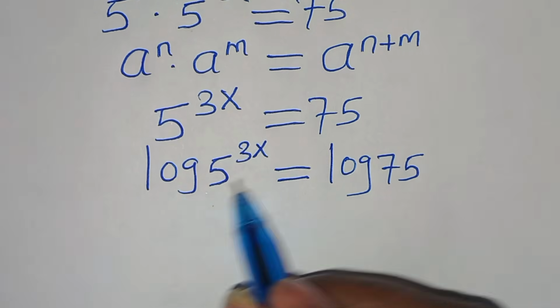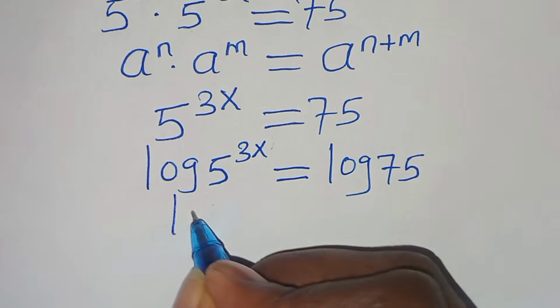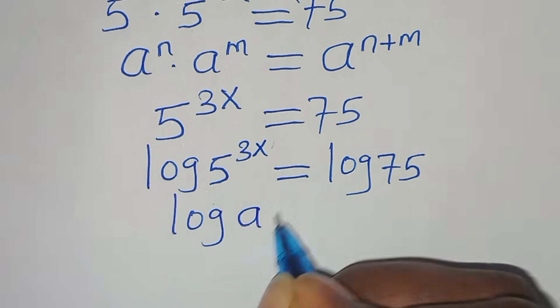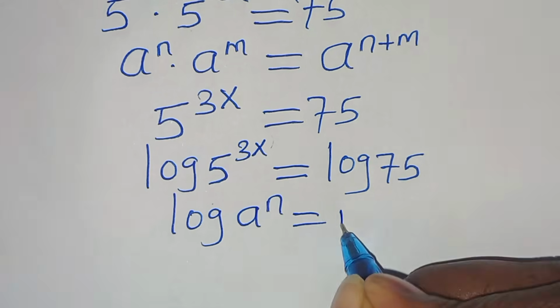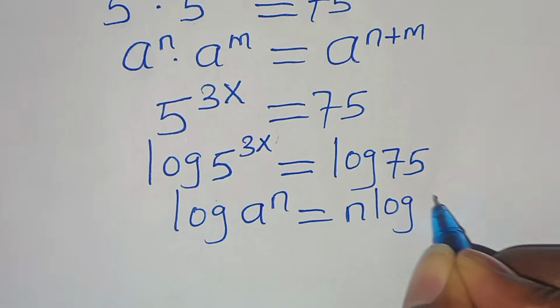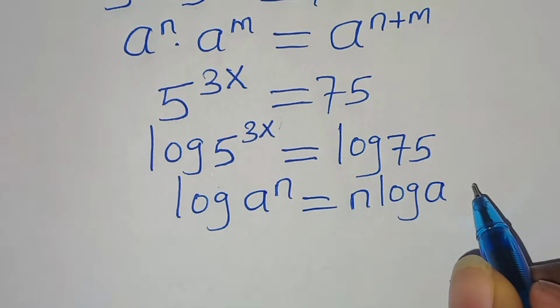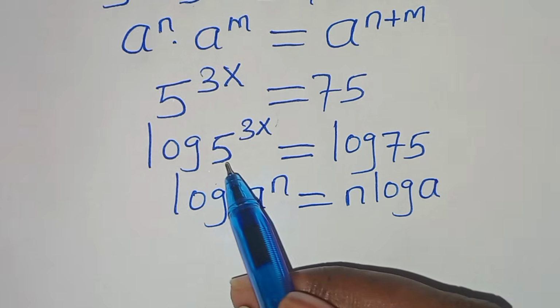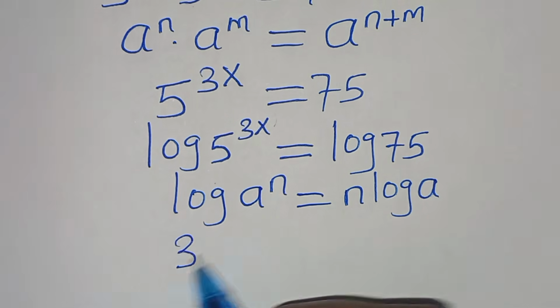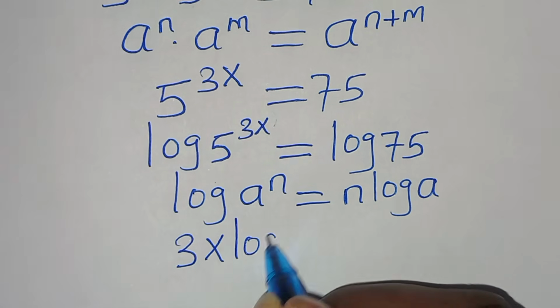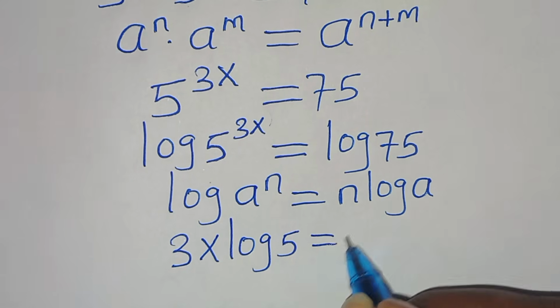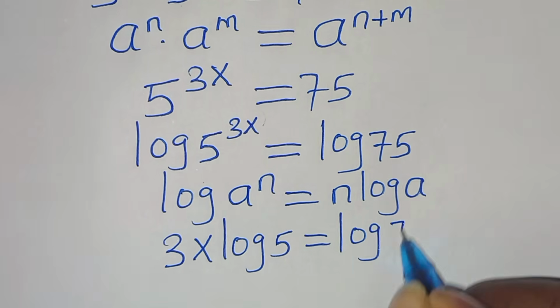Now, log 5 to the power of 3x, this is in the form of log a to the power of n, which we can express as n log a. Applying this power rule property, then we have that log 5 to the power of 3x becomes 3x log 5. This is equal to log 75.